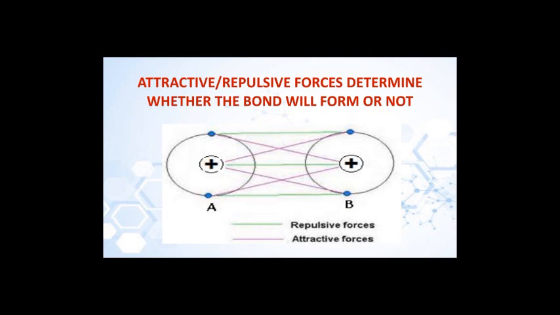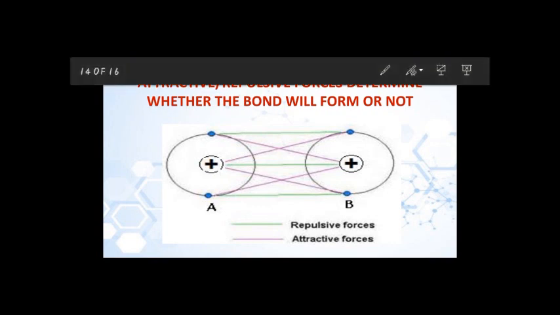So, lastly, I would like to discuss the role of attractive and repulsive forces in bond formation. When 2 atoms approach each other for the purpose of bond formation, they do not immediately form a bond. What happens first is that both atoms are under the influence of 2 different forces, the repulsive forces and the attractive forces.